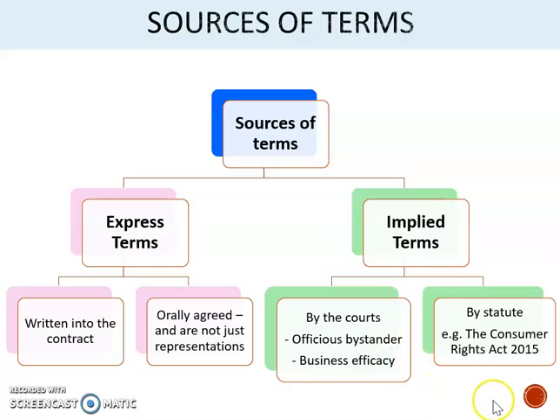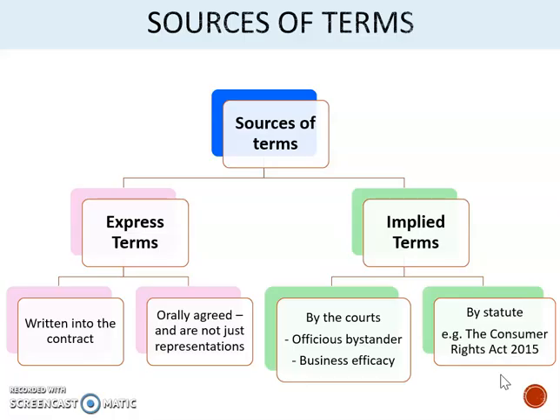The other situation is where courts are implying terms as a matter of law, and that's done by statute or an act of parliament. And this is about general considerations of public policy. In this area that we're going to look at is the Consumer Rights Act, and this is where the statute creates a term that's included in all contracts regardless of the party's wishes.